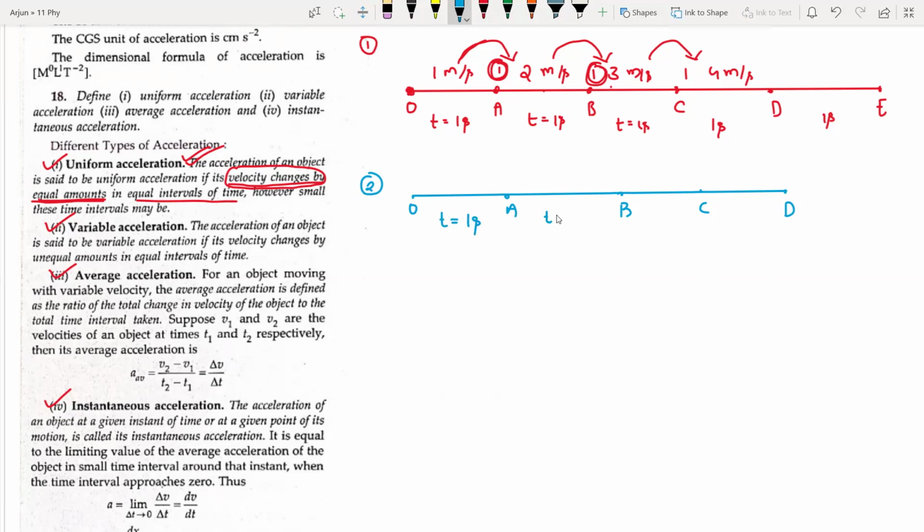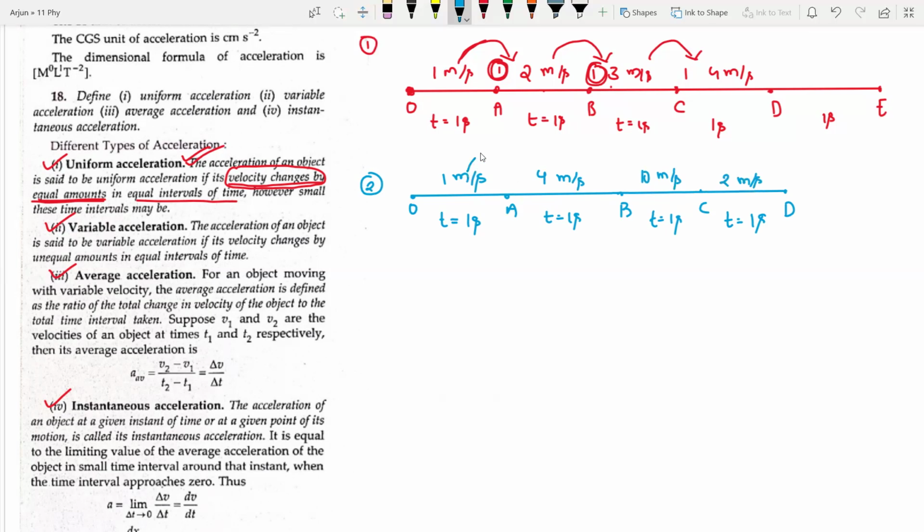Again from A to B, it is traveling with the time 1 second. And again from B to C, it is taking only 1 second to cover. C to D also, it is taking time 1 second to cover. Consider body is traveling from O to A with 1 meter per second velocity. From A to B, it is traveling with 4 meter per second velocity. Again from B to C, it is going with 10 meter per second velocity, and C to D, it is going with 2 meter per second velocity.